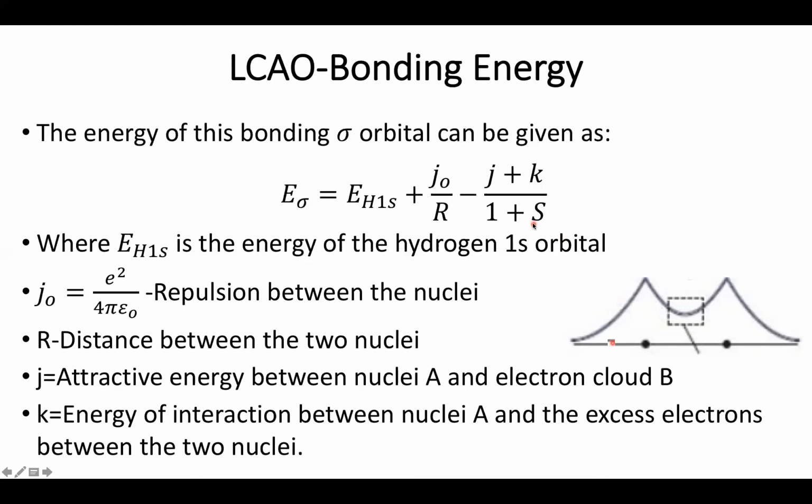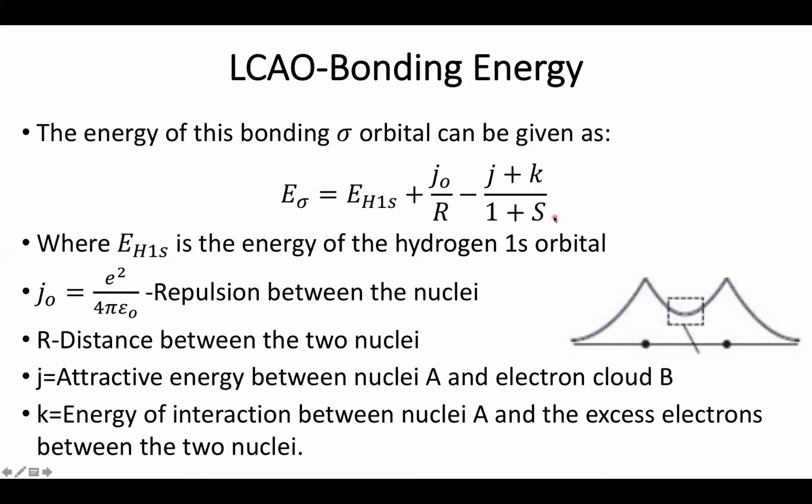With some tricks, this ends up becoming a dampening factor on this attractive property. So we put this all together, and we're able to determine the energy of our bonding orbital. This tackles the conceptual forms of each of these components.